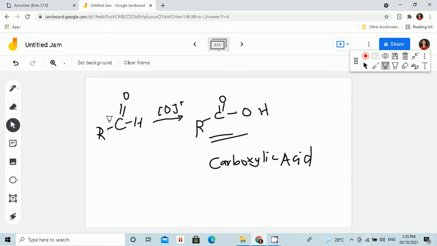Class, please know that an aldehyde also comes from an oxidation of our alcohol.